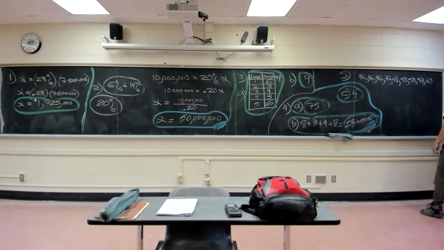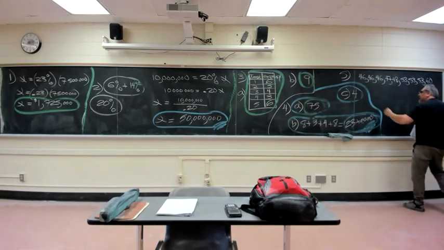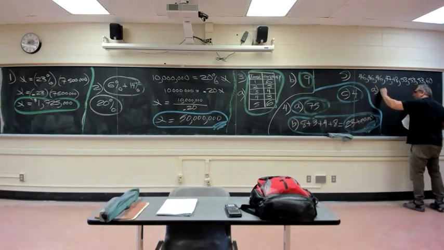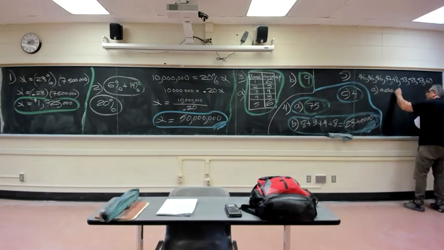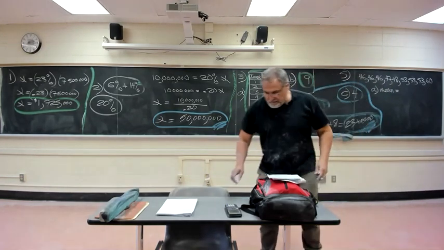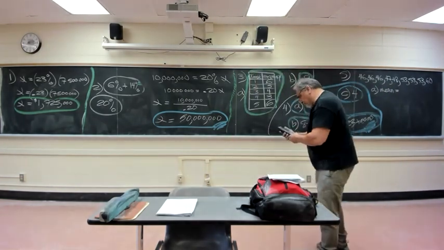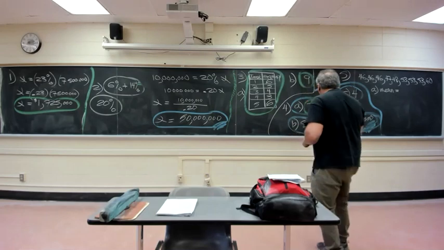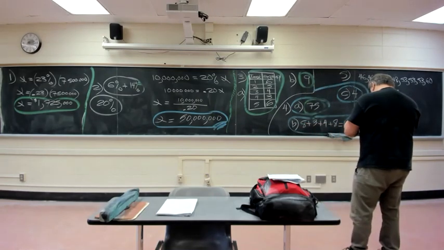What is the mean of the data set? Well, the mean is the straight out old-fashioned average. If you add all of these and divide by 9, you're going to be there. So let's see what we're looking at.